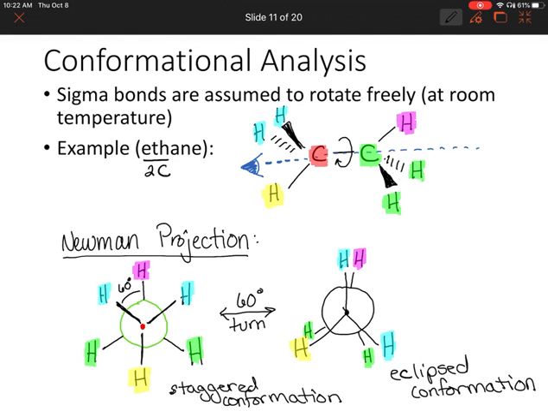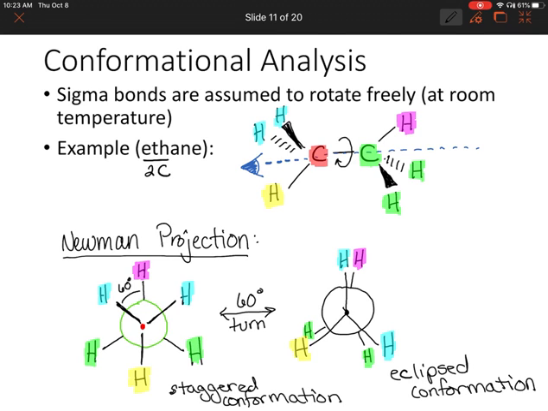So, which one of these conformations do you think is more stable? Do you think it's more stable to have staggered hydrogens or eclipsed hydrogens? Staggered, because remember, electron groups want to be as far apart as possible.